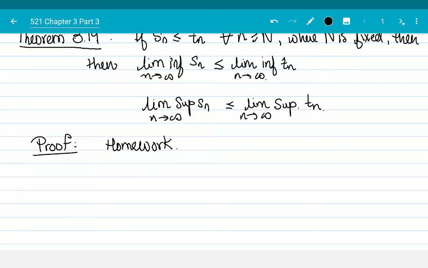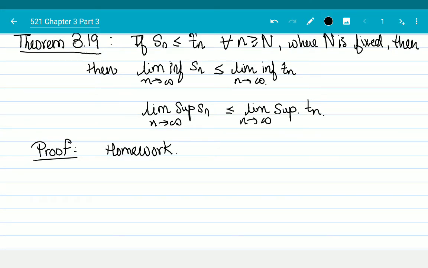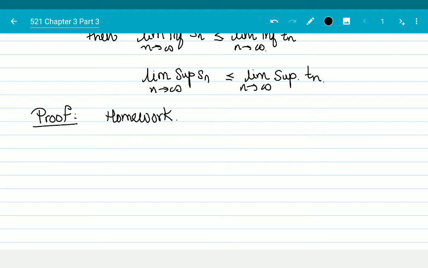Look at the sets E1 and E2 of subsequential limits of S and subsequential limits of T. If you can show that one set has to be bigger than the other, you get your result. Not exactly bigger, but every element here has to have some element there which is bigger.